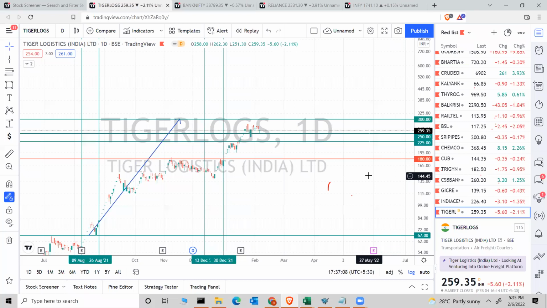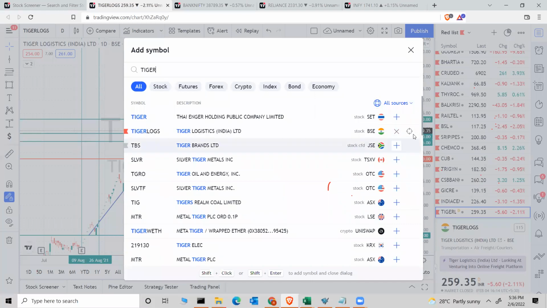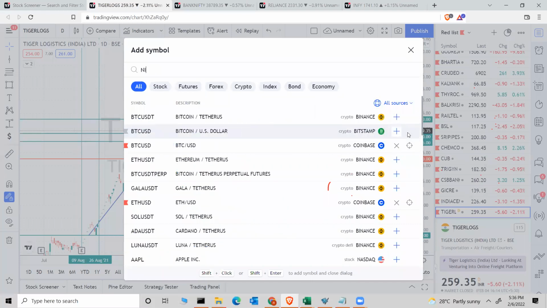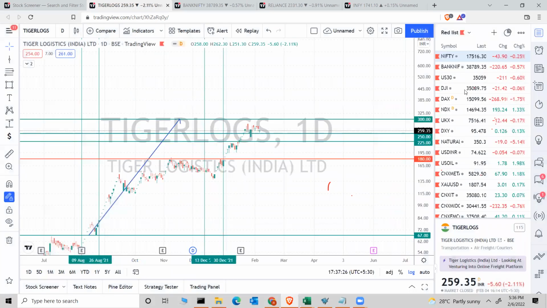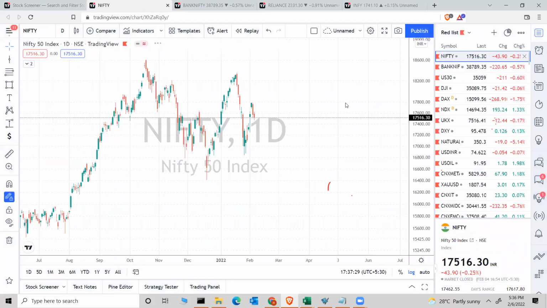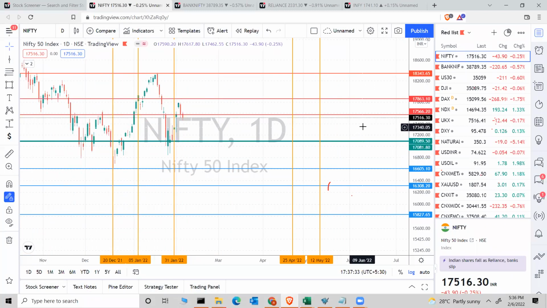So based on the first hour closure, you can take a call on the C side or on the P side, and the stop loss should be your 10 decider, which is very minimal. If you go for the 10 decider as your stop loss, then you can lose around 500 rupees, that's it, if you trade with one lot. If you trade with multiple lots, then I'm not responsible, guys.